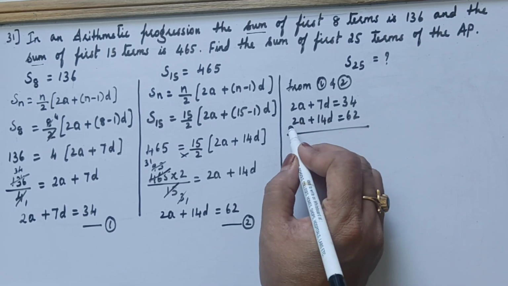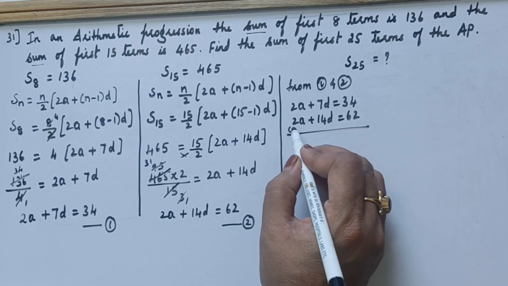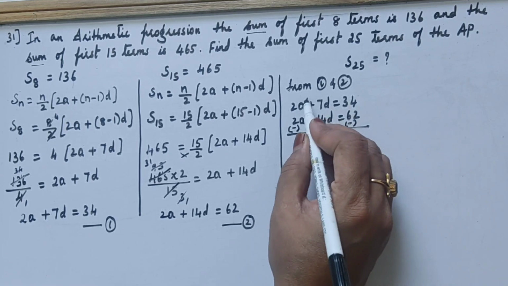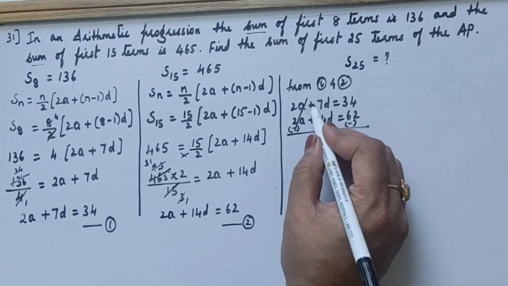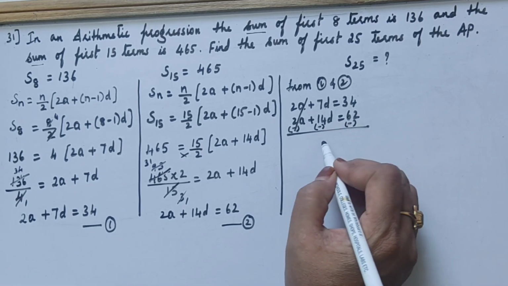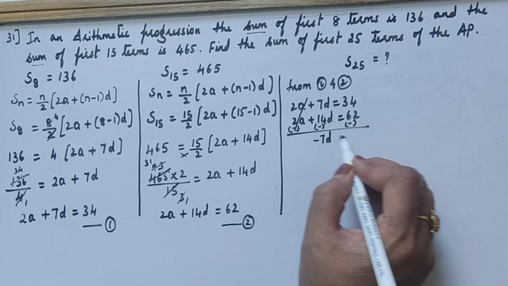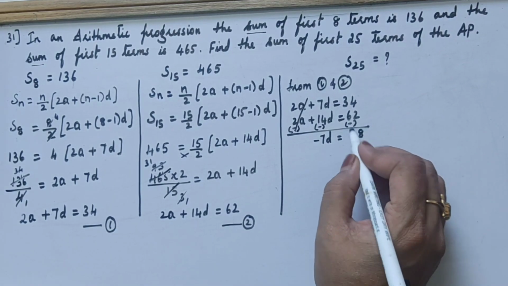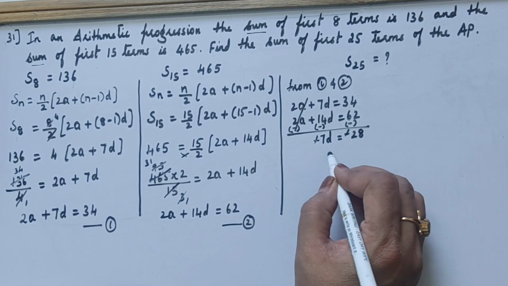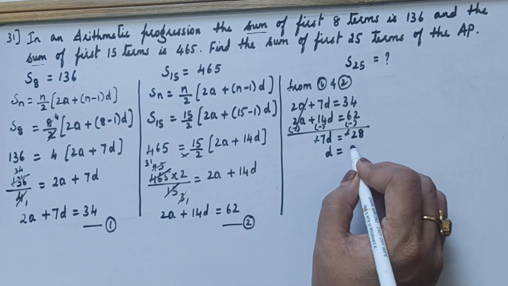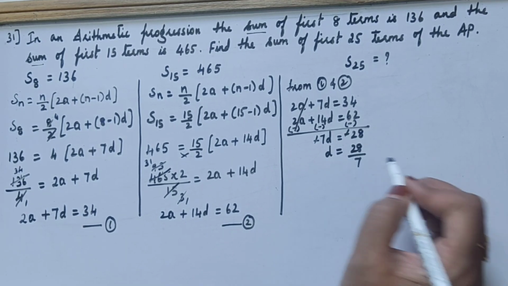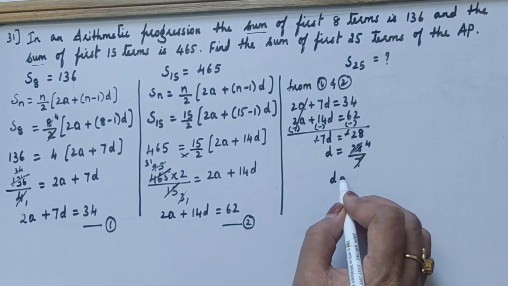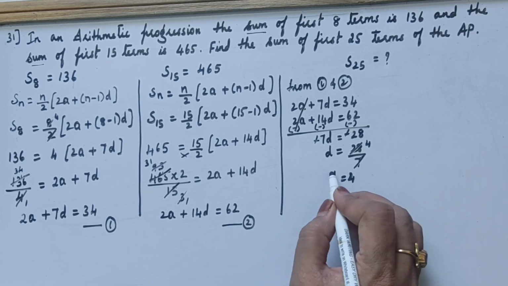So to cancel this, we need to change the sign. Here we have got plus, this is minus, plus minus, plus minus. We'll cancel this. Now plus into minus is minus. Let us subtract. I get 7d with greater number sign. Here we get 28. Minus minus cancels. We get d equals 28 upon 7. 7 fours are 28. So d equals 4.